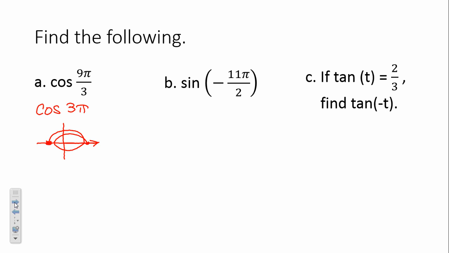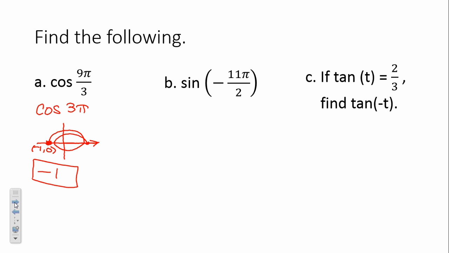What is this point on a unit circle? -180 degrees, and then what's the actual ordered pair for this point on a unit circle? -1, 0. Okay? Cosine is x, isn't it? So what's the x value of that point? -1.